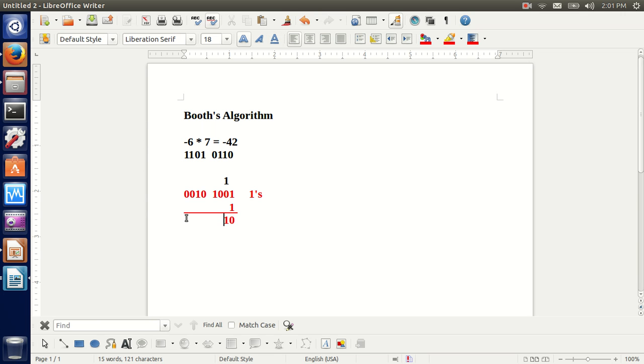Now here I have 1, and here I have 0 and 1. All of those are considered zeros, and here I'll have those as 0, or 0, 1, 0 and 0.